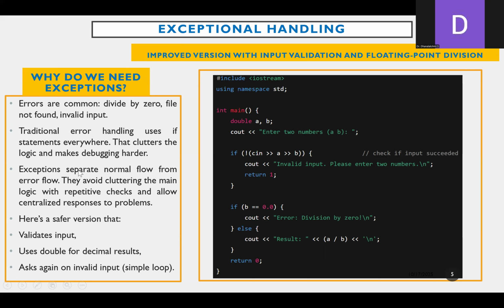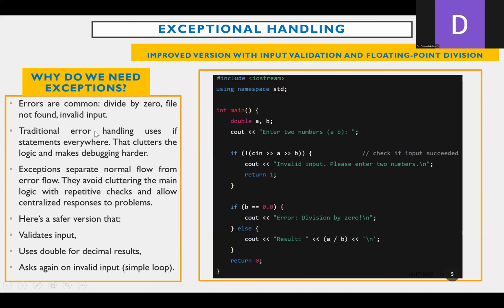Whereas exceptions separate normal flow from error flow. Therefore, they avoid cluttering the main logic with repetitive checks, and they allow centralized responses to the problem. This is the plus point of using exceptions.